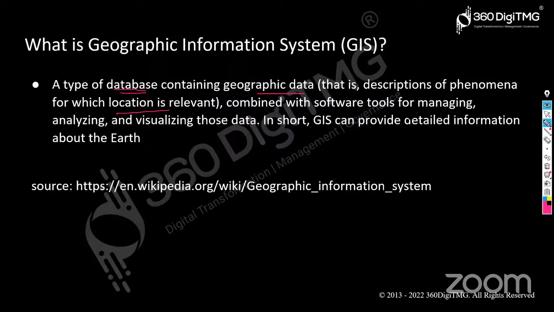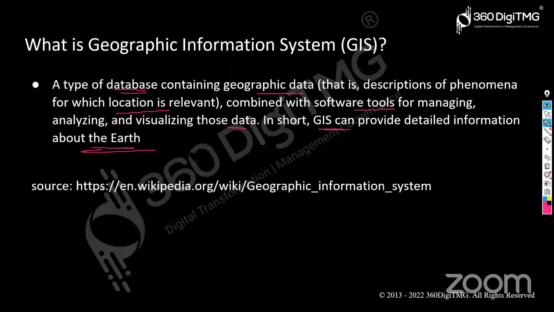And this data is combined with tools which can help us manage the data for extracting information. So in short, we are calling GIS detailed information about your Earth, any location.